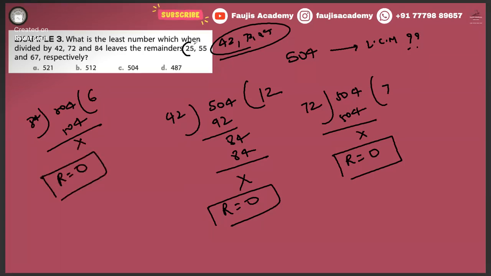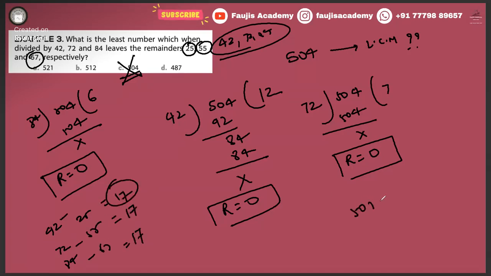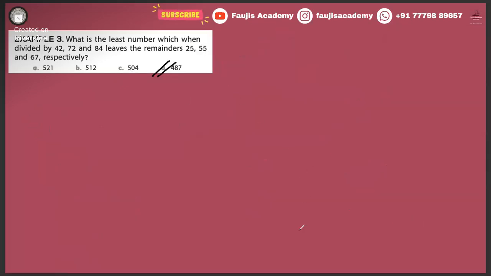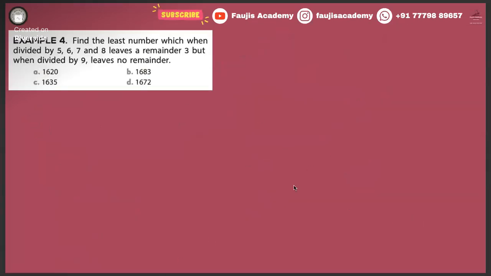What do you want the remainder to be? 25, 55, 67. So, do you think 504 is the right answer here? No, sir. And what did I teach you? For 42, 72, 84, the difference is common. The difference is 17. So this number has to be reduced from 504, which is 487. Which one is the right answer? Option D, sir. Right. Easy.